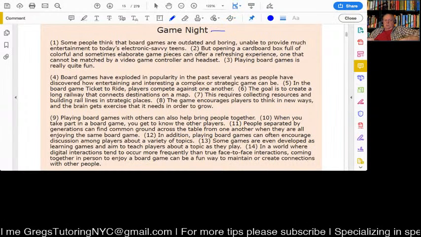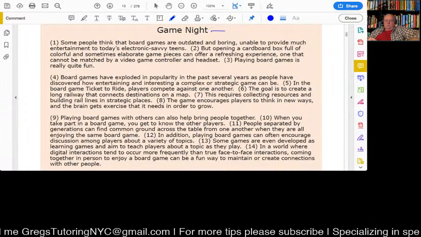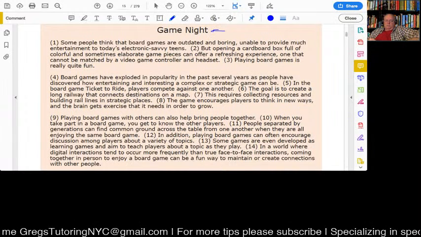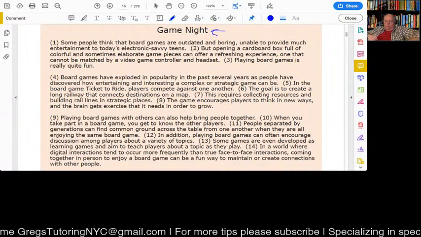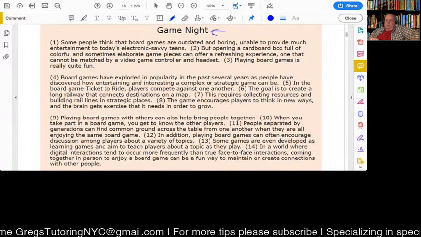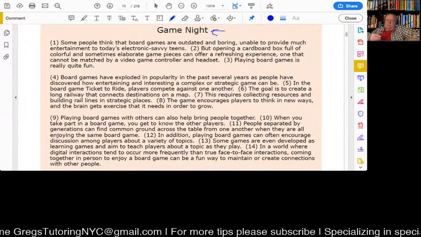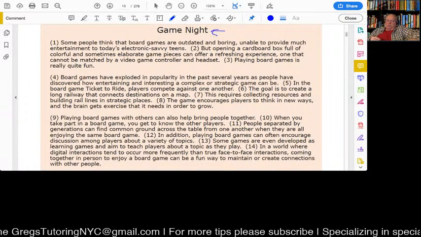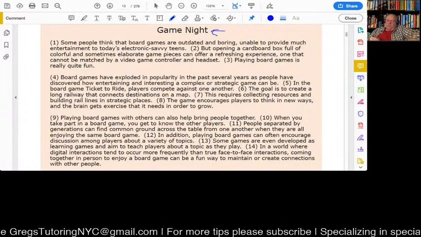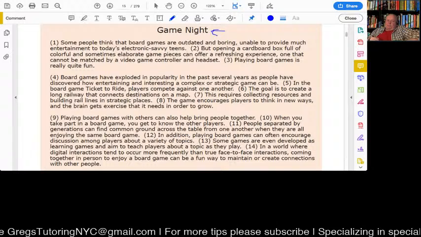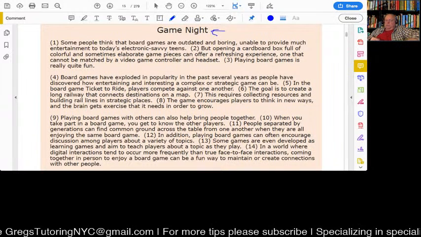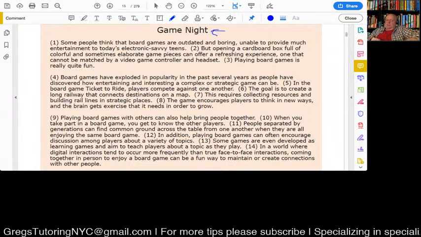It's not too helpful, but we know something about game night. Now, in most passages, this is not universally true, the first sentence might be the topic of the whole passage. It might even be the main idea, but usually it's the topic.